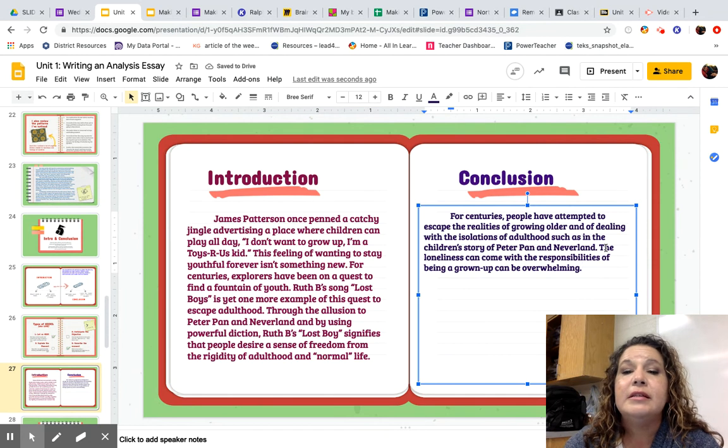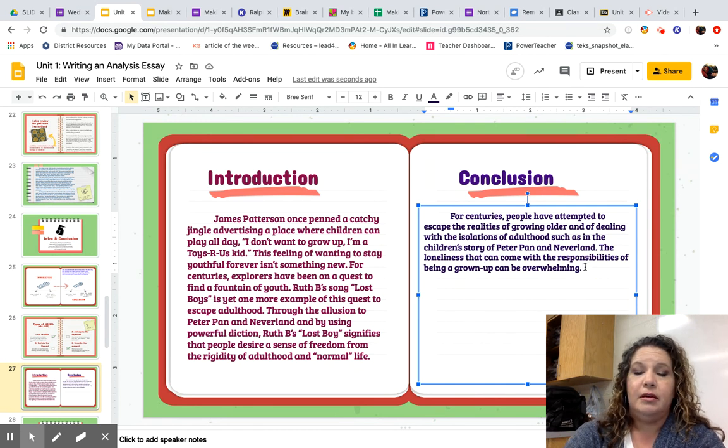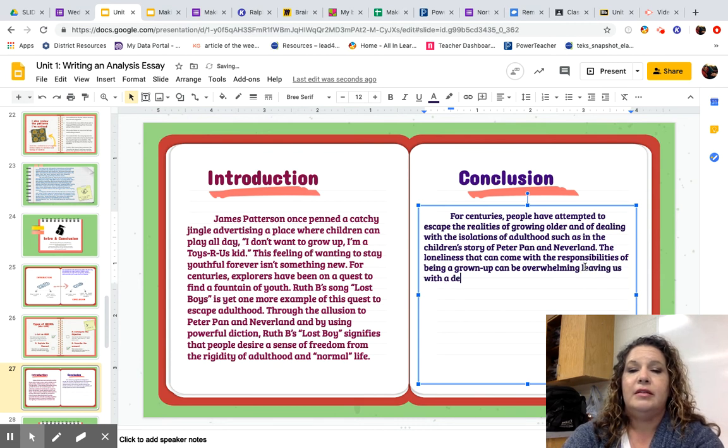The loneliness that can come with responsibilities of being a grown-up can be overwhelming, leaving us with a desire for escape and a passion for play.